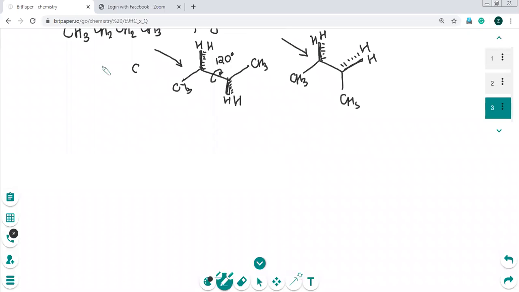So this is wedge dashed line structure, and the one which we are going to draw, when we observe from here, you look from this side and see how it looks like. See, your eyes are here. That projection, and you can think it this way.